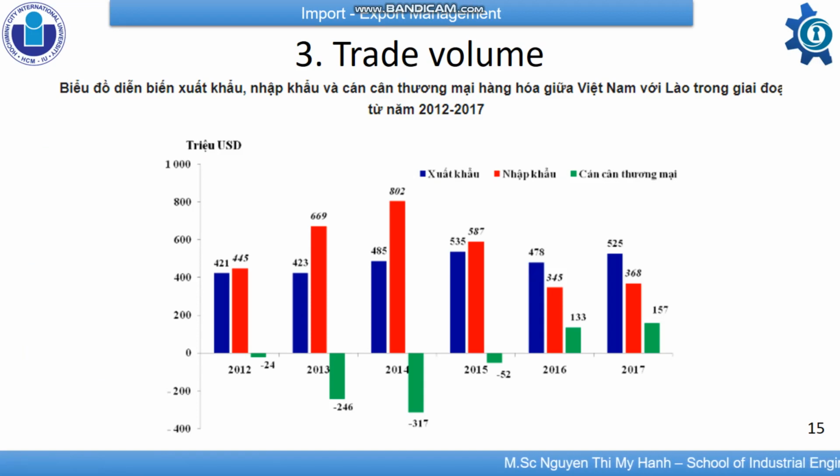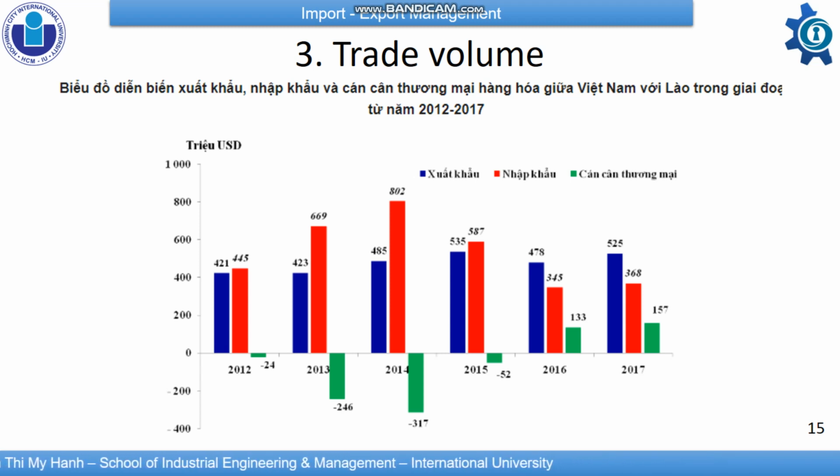This graph shows us the import and export amounts and the balance of trade between Vietnam and Laos from 2012 to 2017. As we can see, from 2012 to 2015, we imported more than we exported.